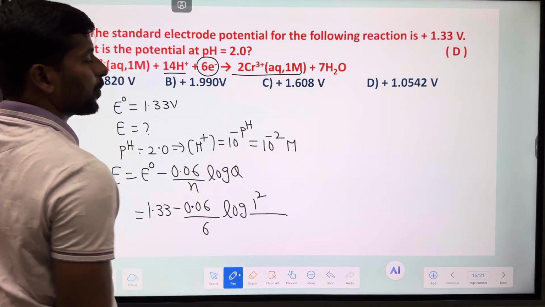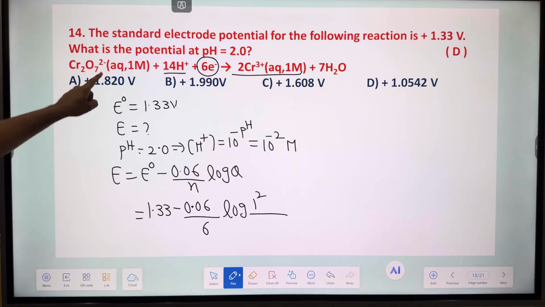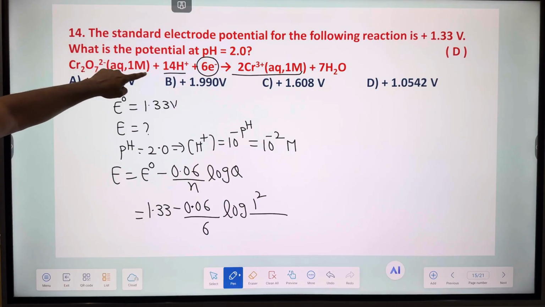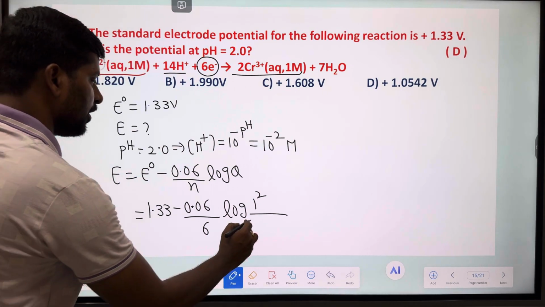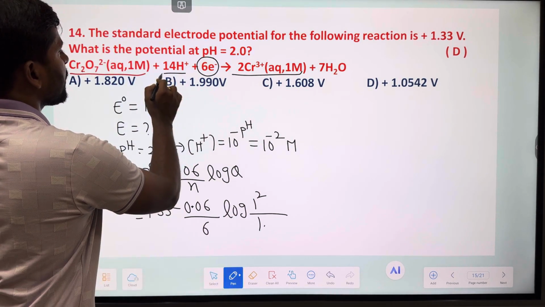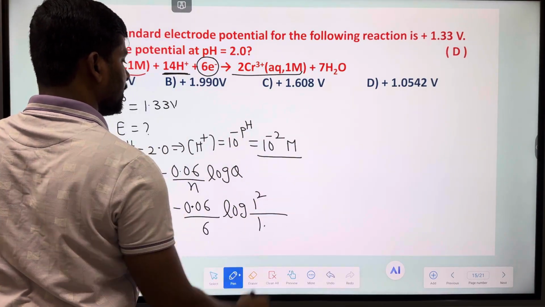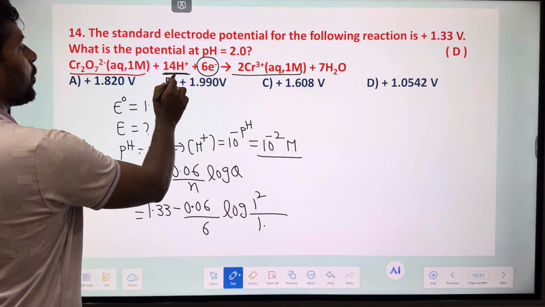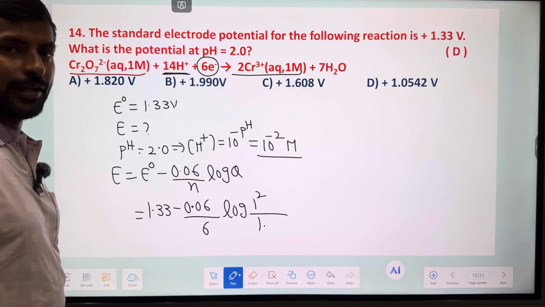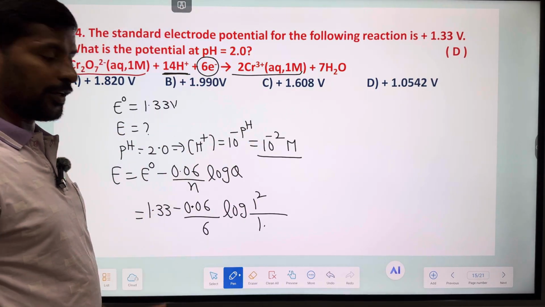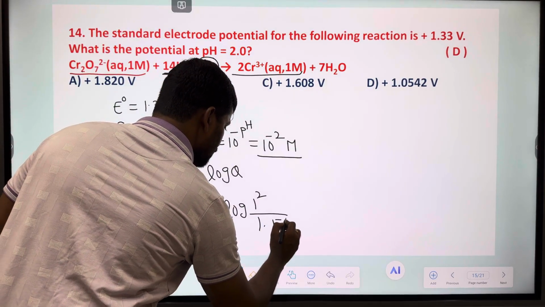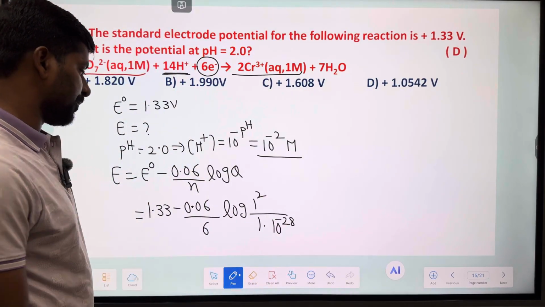On the reactant side, Cr2O7 2 minus ion, whose concentration is also given as 1, so 1 into H plus ions. The concentration of H plus ions is 10 power minus 2, whole power 14. 14 twos are 28, so we get 10 power minus 28.